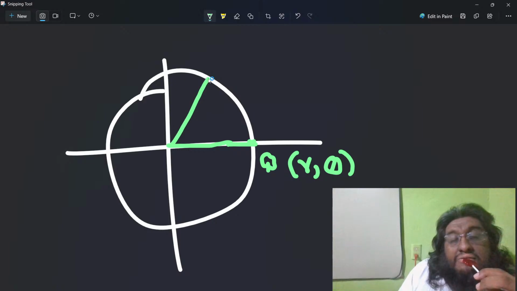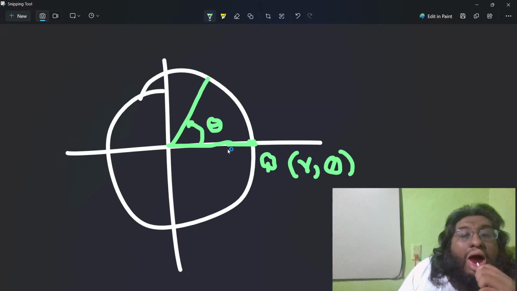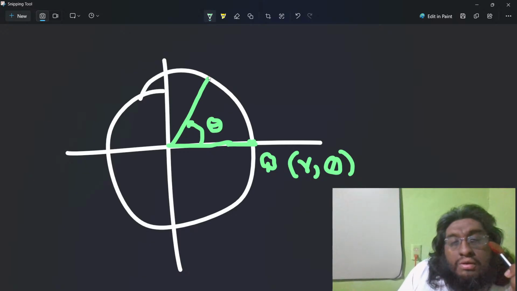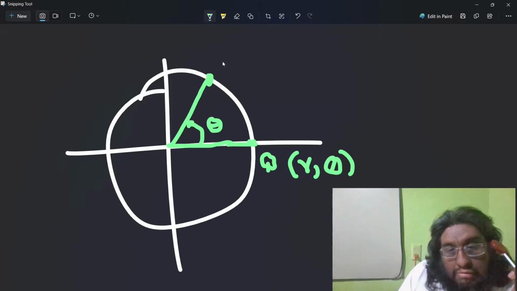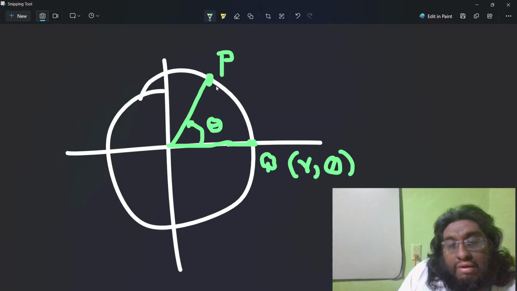Then you have an angle, it's theta. Then you have P. We have a formula.